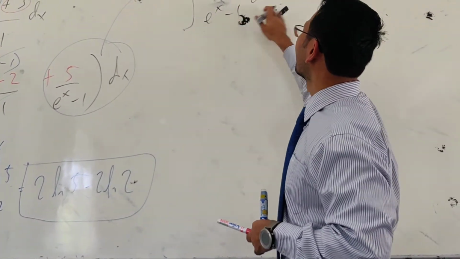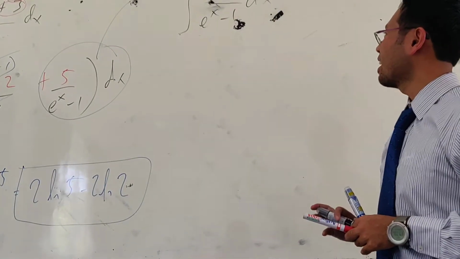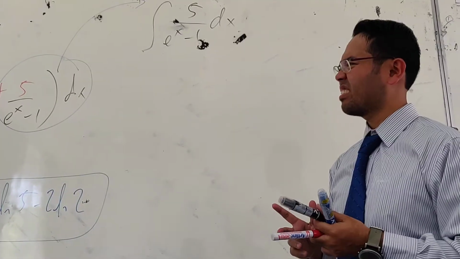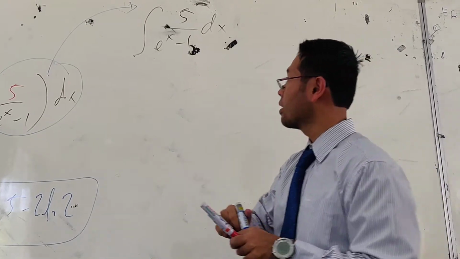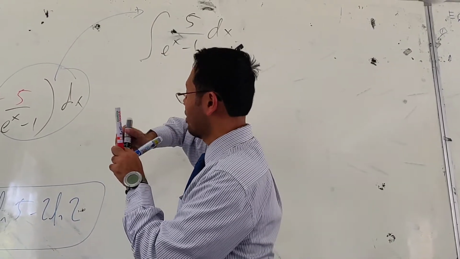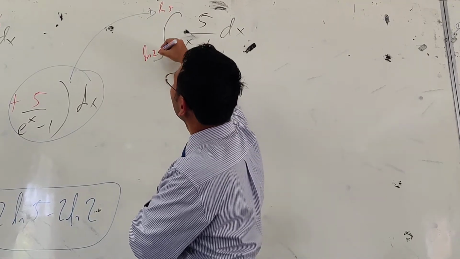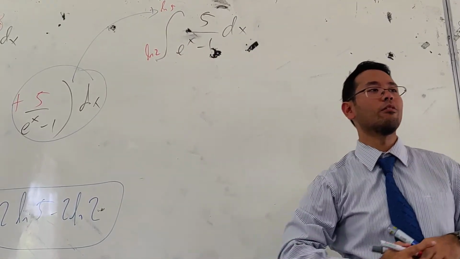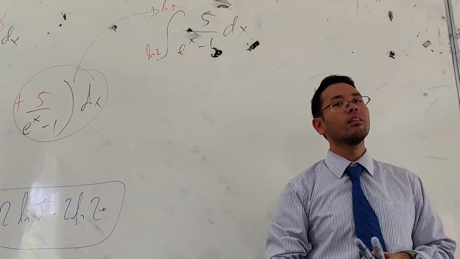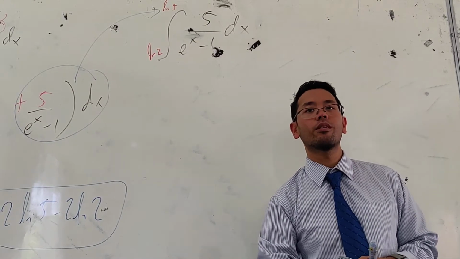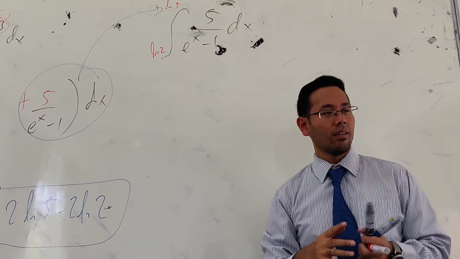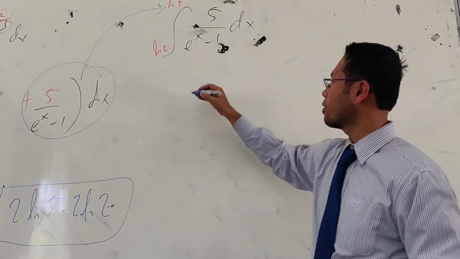Yeah, the board. Okay, how do we continue from here? How do we continue? Any good suggestion? This is a tough one. What technique should we use? Substitution is the way to go.